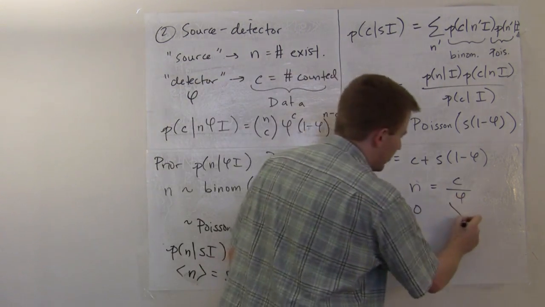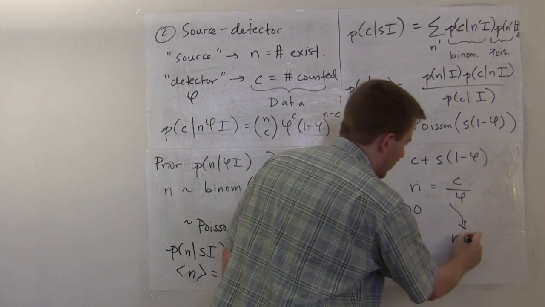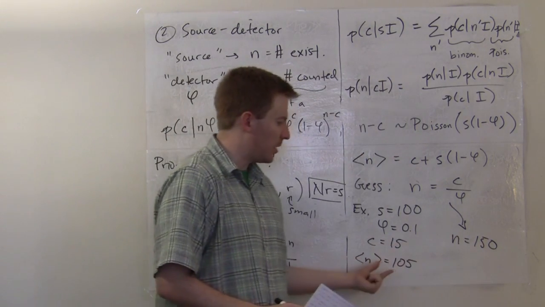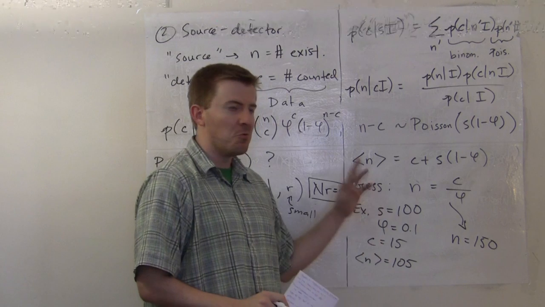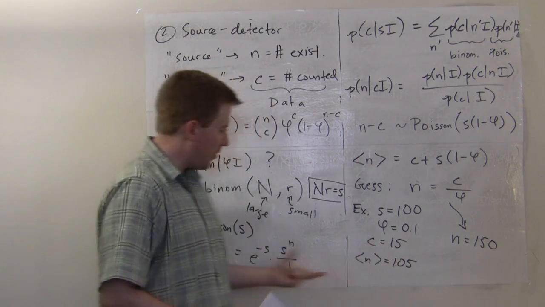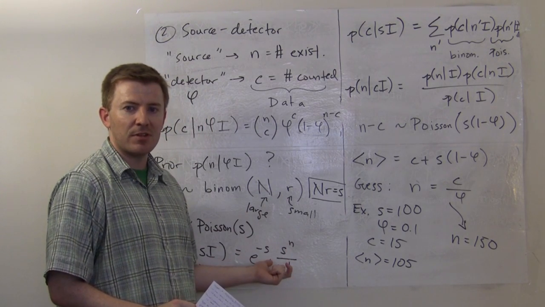Whereas the naive approach would lead us to just 15 divided by 10%, so 150. So quite a large difference between the two ways of going about things, basically just coming from the fact that we have very strong prior information embedded in this Poisson distribution.